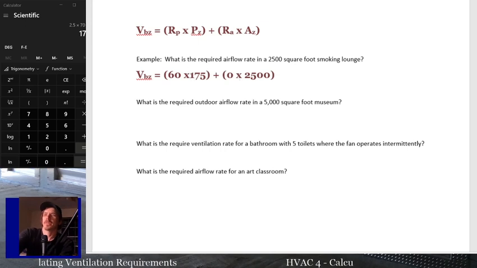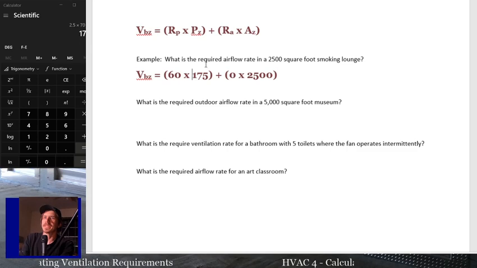So we have 60 CFM per person times 175 people plus 0 CFM per square foot times 2,500 square foot.